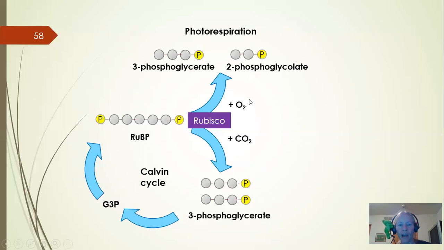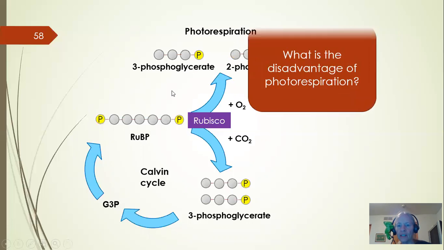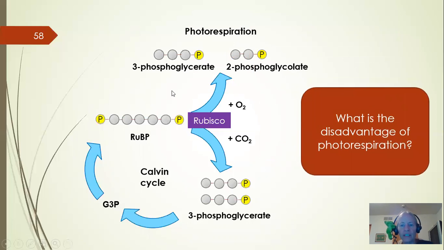So if we add an oxygen, instead of getting 2 3-carbon molecules, we get 1 3-carbon and 1 2-carbon molecule. This is actually disadvantageous to the plant. So from what you've read, what is the main disadvantage of plants doing photorespiration?